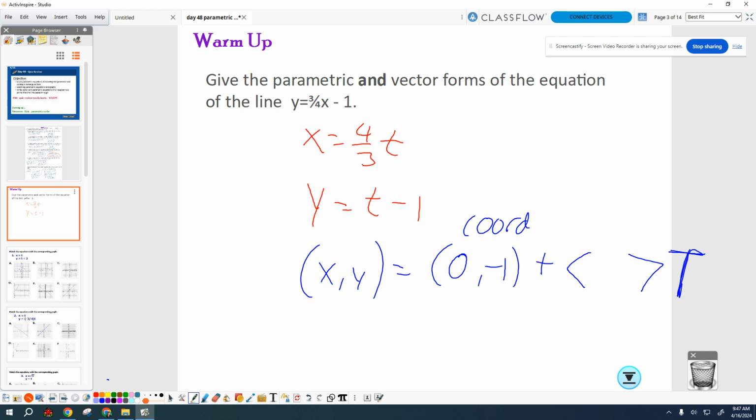Does that work? No, is that the slope? Is 3/4 the slope? Looking at it in linear form, y equals mx plus b, the m is the slope. So that's x's over y's or y's over x's? Y's over x's.